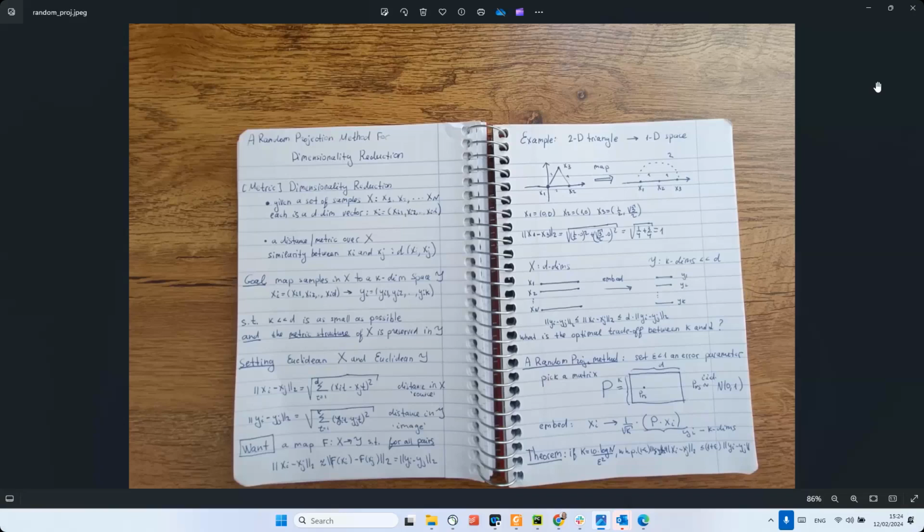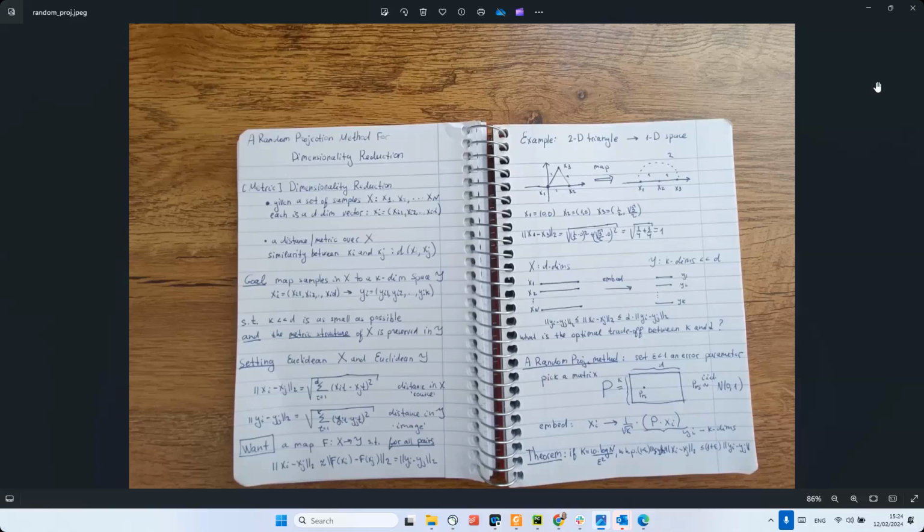It's called the random projection method, and it was proved by mathematicians in 84. It's also called the Johnson-Lindenstrauss transform. The authors are a mathematician called Johnson and Lindenstrauss, an Israeli mathematician who was at the Hebrew University.